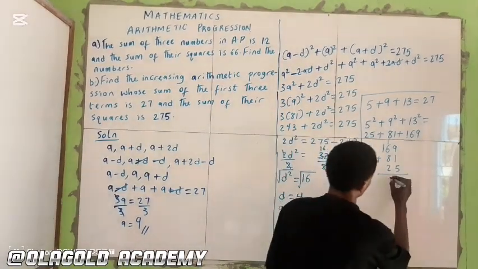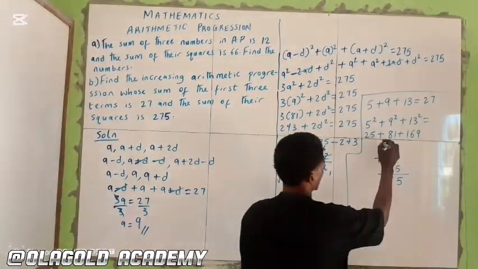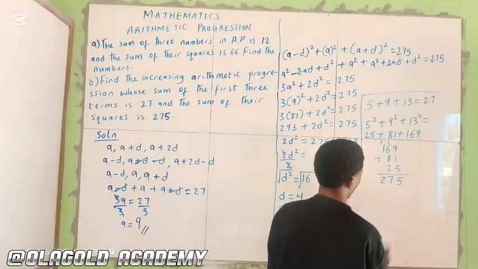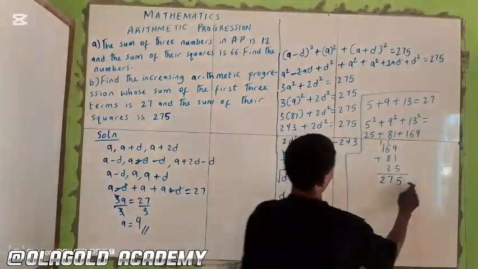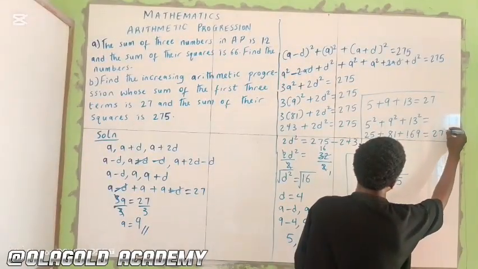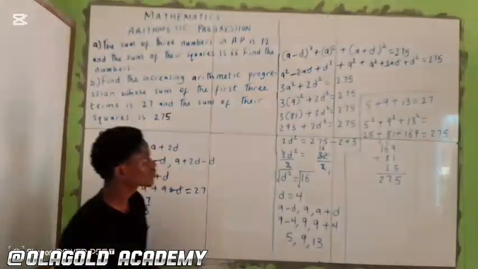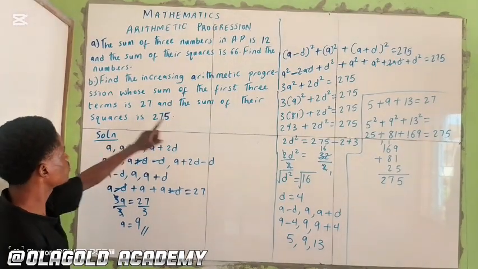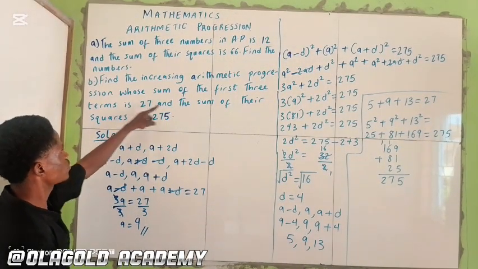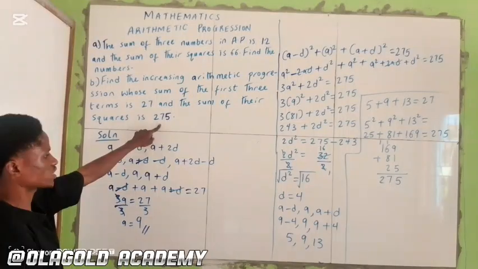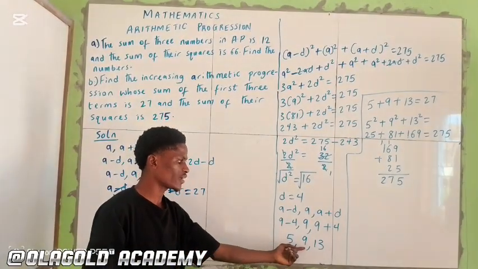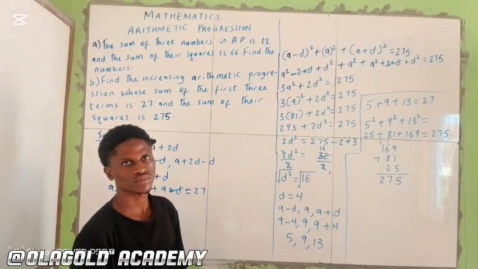So I have 7, remainder 1. 1 plus 1 will give me 2. So I have 275. So the three numbers whose sum is 27 and whose sum of squares is 275 are truly 5, 9, and 13.